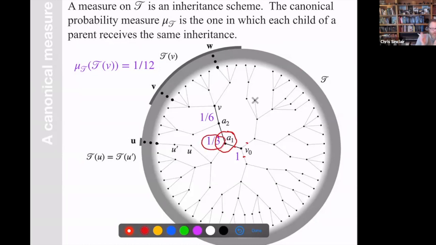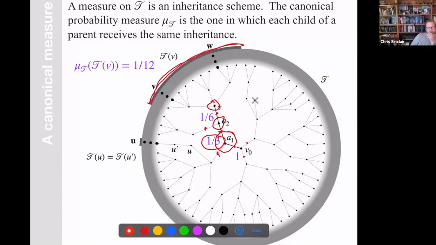All of the stuff that's downstream from A1 gets 1/3 of the mass. All the stuff that is downstream from A2, well, because A2 has one other sibling right there, it gets 1/6 of the mass. There's 2 siblings right here. So everything downstream from V gets 1/12 of the mass.